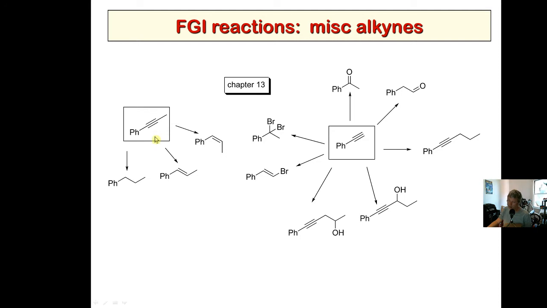It's Na, which is a metal, and NH3, which is ammonia. And then how do you reduce an alkyne to a cis alkene? Remember that? That was early on. It was H2 with Lindlar, which was a special catalyst that gives you a cis alkene.